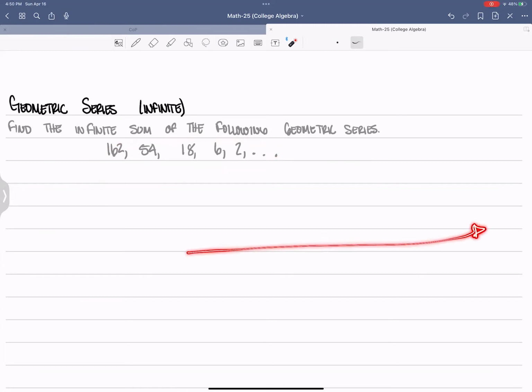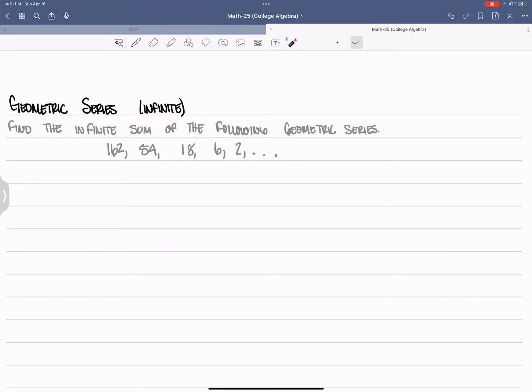One millionth of a fraction, even smaller, one zillionth of a fraction, and maybe even smaller than that. So these values taper off into one specific value. That's the only time that we can find an infinite sum or an infinite series.